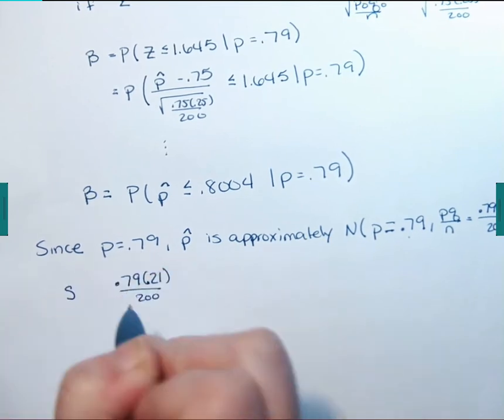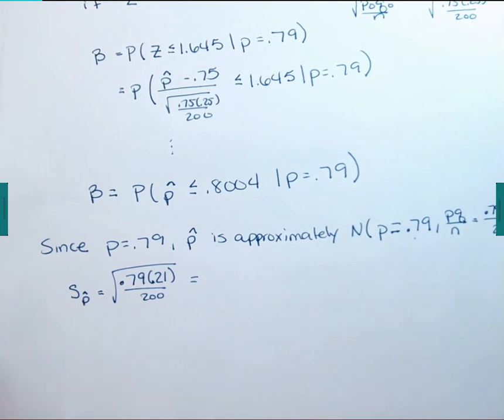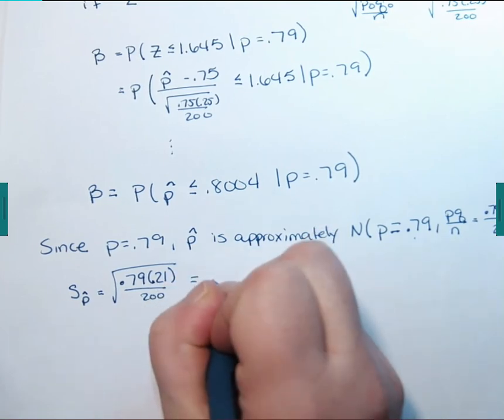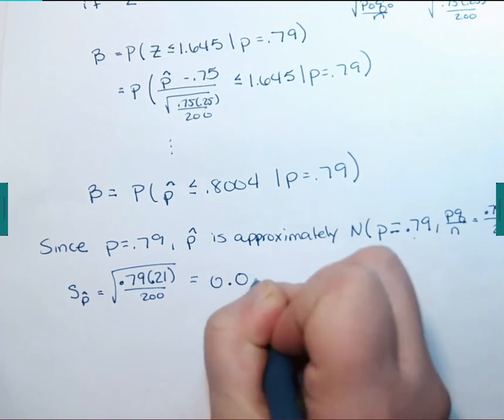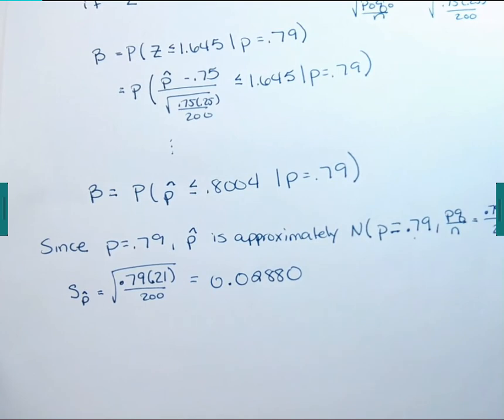So the standard deviation of p hat is equal to the square root of this. We take 0.79 times 0.21 divided by 200, take the square root of that, and we're going to find that the standard deviation is 0.02880.